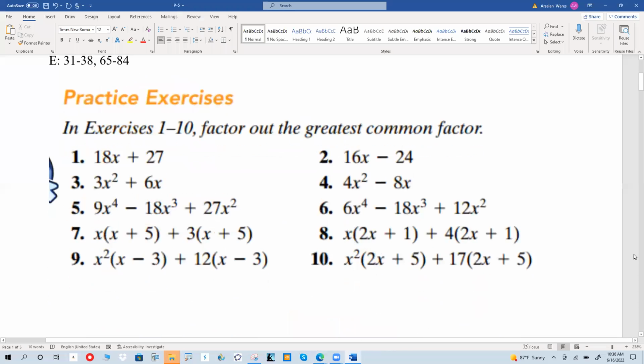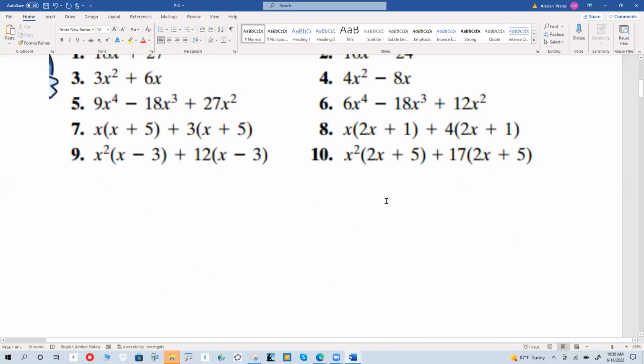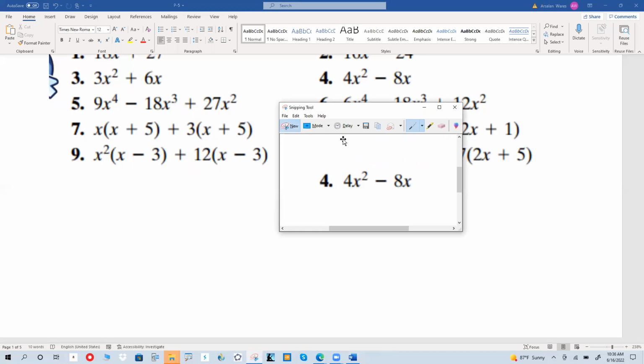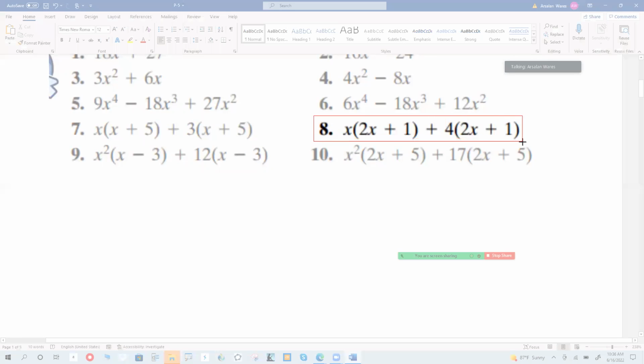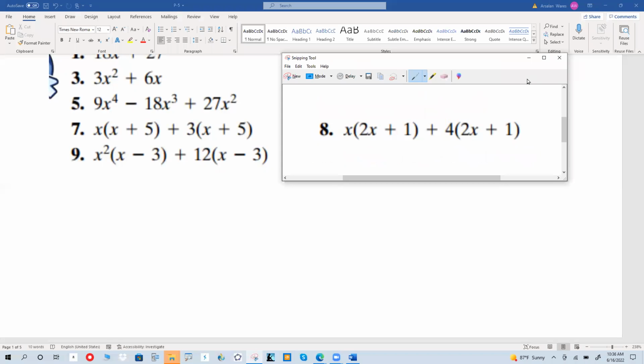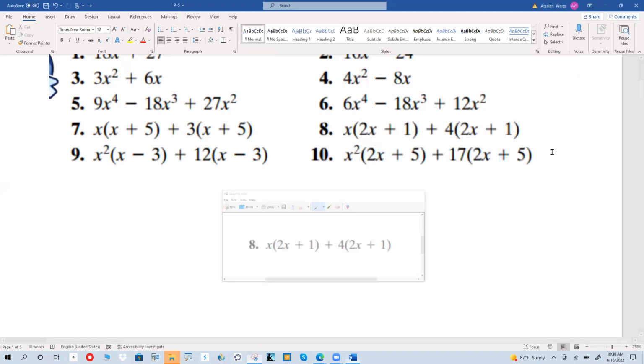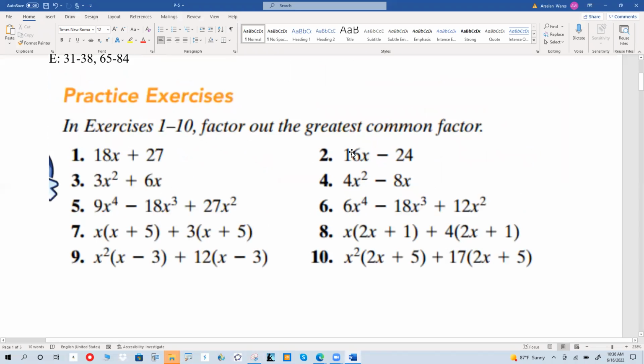That's the answer. Okay, so now they do look a little ugly. I wouldn't say they look that ugly, but let's try one more. It's also not that bad, slightly more difficult. Again, you have to read the text. Let's see what they say. Factor out the greatest common factor. When they say factor out, they mean pull it out.